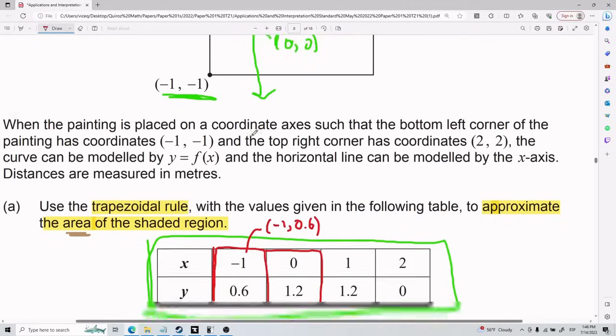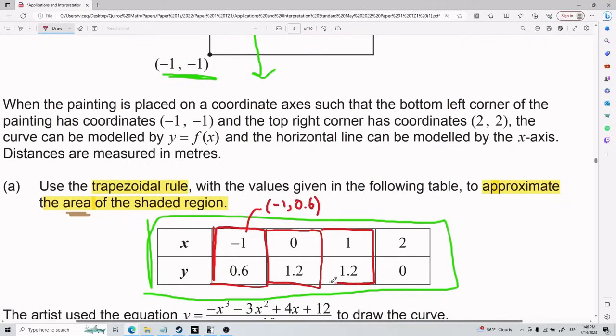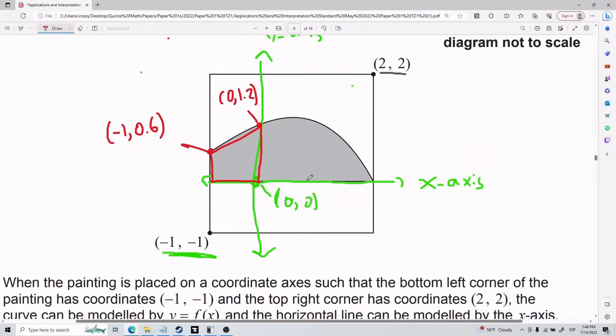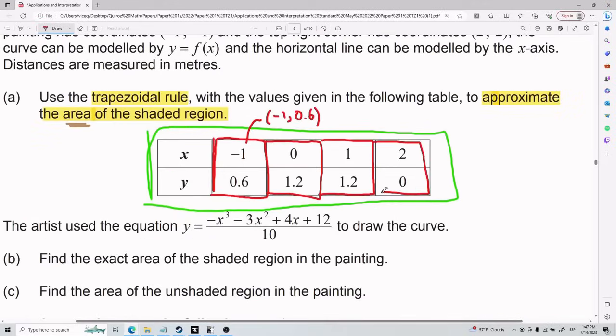All right, where's our second one? 1, comma 1.2. Again, I'm just highballing it. I'm going to put it here. I would say that this is 1, comma 1.2. So it's the same height, and it goes something like this. And then the last one is 2, comma 0.